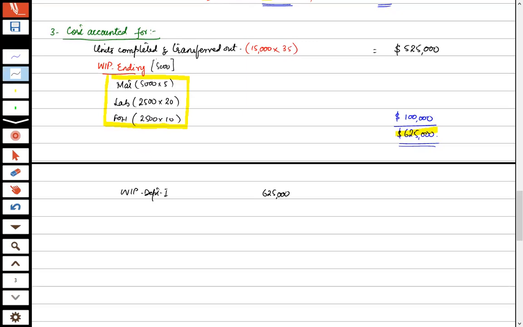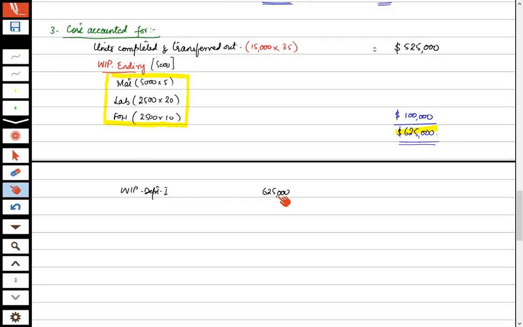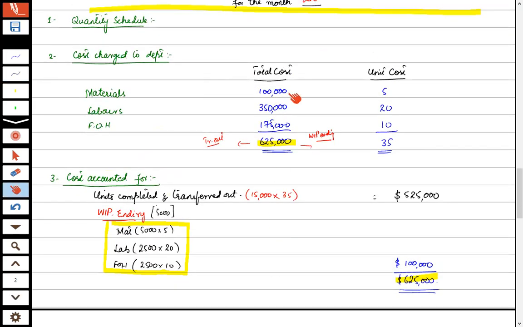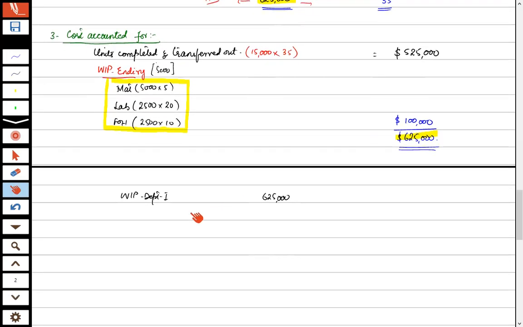And what it contains: the 625,000 contains the cost of material, the cost of labor and the cost of FOH. So when WIP or department is debited, then these costs will be credited, that is material, labor and FOH.